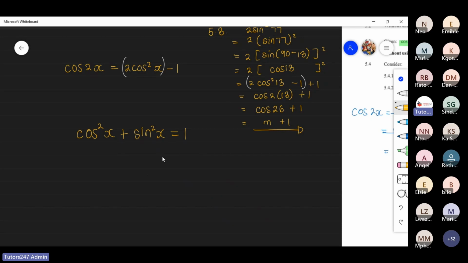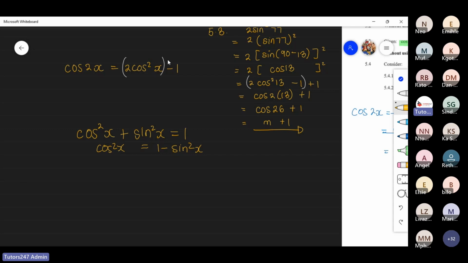Previously we had 1 minus sine squared x equals cos squared x, right? We got this by moving it around. You can do the exact same thing with your double angle formula. Why not move it around?